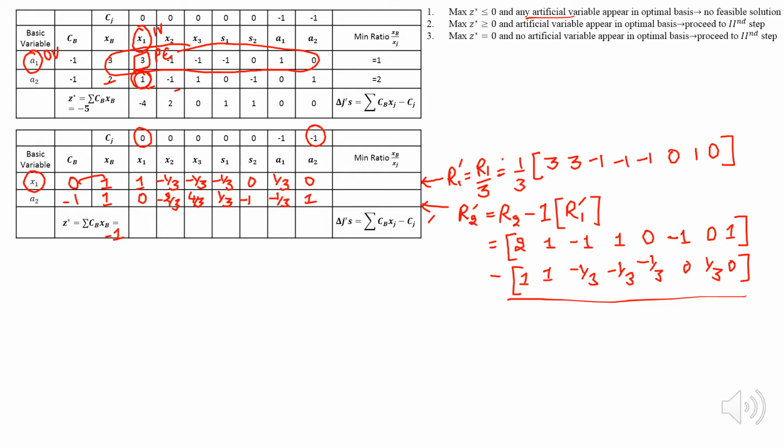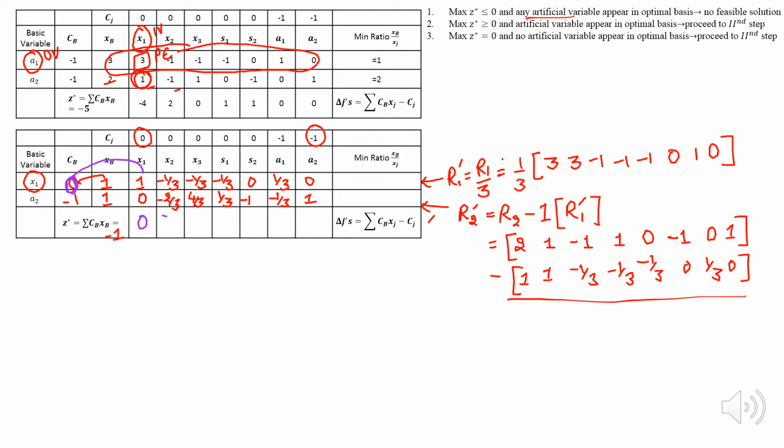So again we have to find our incoming and outgoing variable. So how will we find it? CB, 0 into 1 is 0, minus 1 into 0 is 0 and 0, it will be 0 here. Then for the whole row with 0, it has no role, because when you multiply with 0 you will get 0 only.